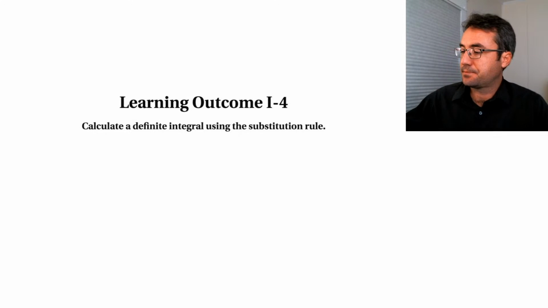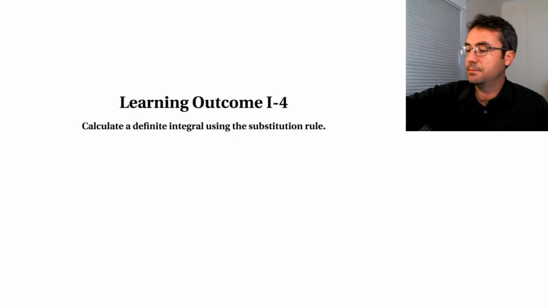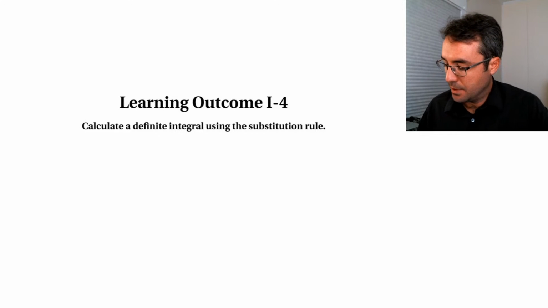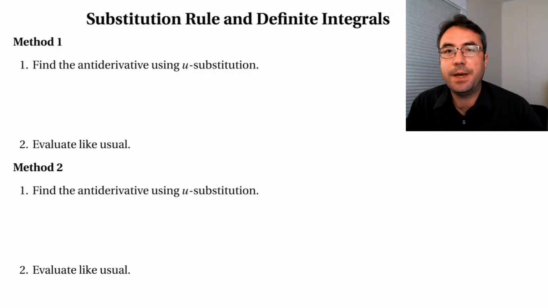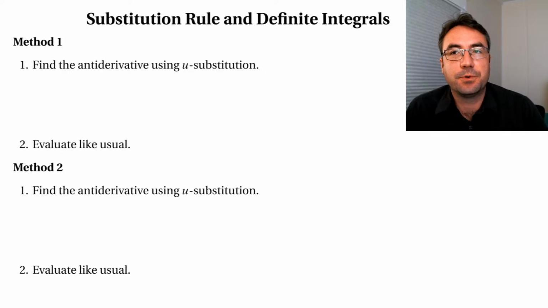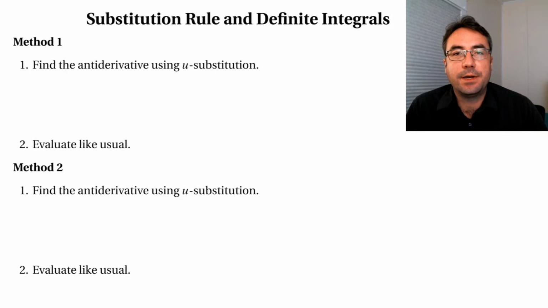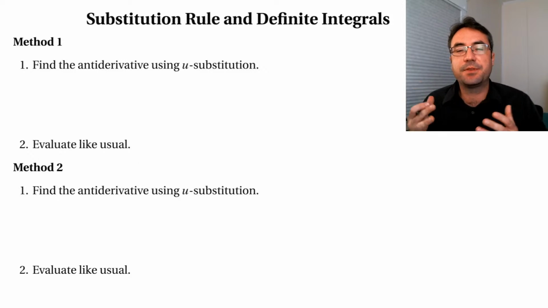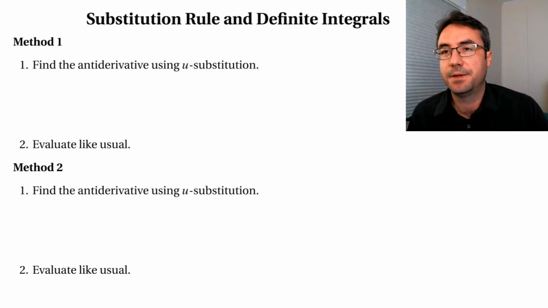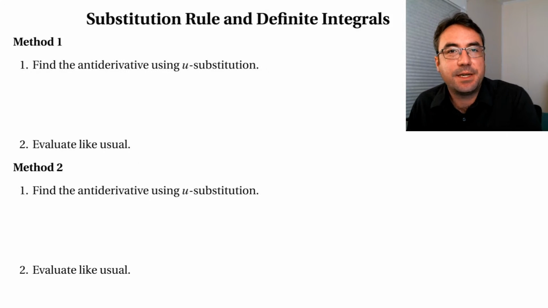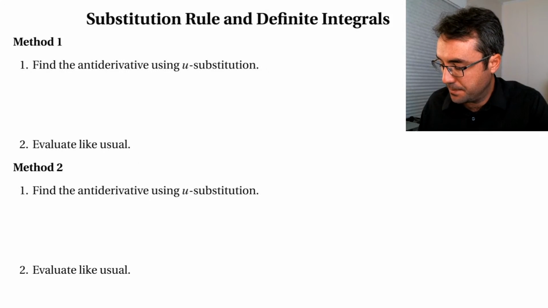Really, there's 2 ways of using substitution rule to calculate a definite integral, and very similar, same amount of work. One is you're just doing things in a different order, basically. So the first method, you're finding the antiderivative using substitution rule.